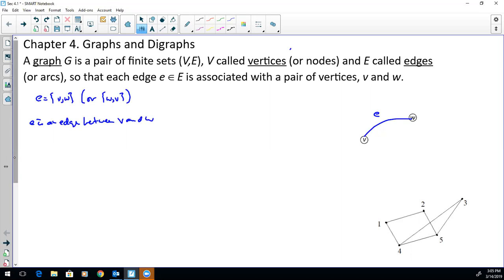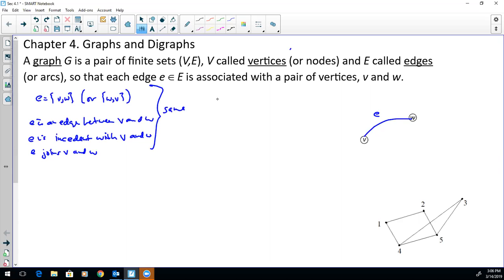You could also say that E is incident, okay, and you can't read that, I-N-C-I-D-E-N-T, incident with V and W. Or you would say that E joins V and W, and these all say the same thing.